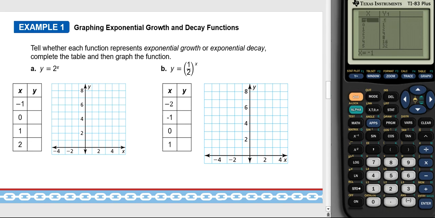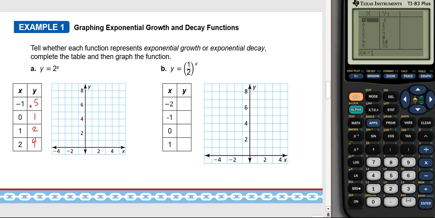Our table on the slides already has some x values filled in, so I make sure I'm using the table to enter the data.